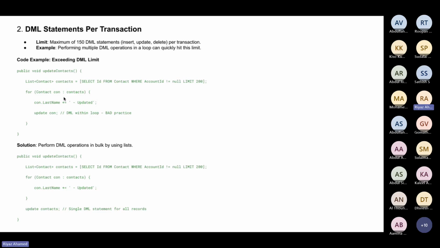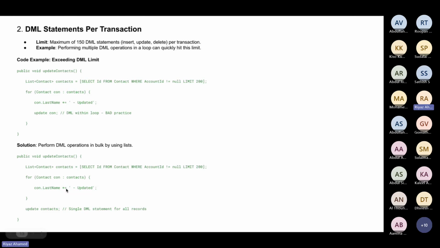You are able to see, right? Yes, sir. See in this code, above code, the for loop is started. I am updating the last name with this updated one, and I try to update in the same for loop. So what will happen? It will throw a DML error. How many times will it run? It will run 200 times. It will do the DML operation each time.